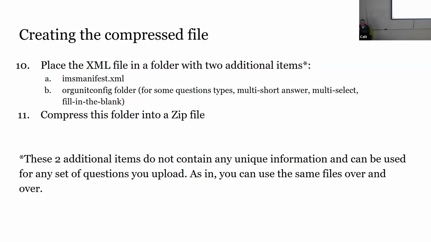I started to encounter the need for this second folder that has another XML file in it, but maybe it's just for the multiple short answer, fill in the blank. I'm still trying to work that out. It works fine with numeric. Probably it just ignores it if it doesn't need it. For the questions I've uploaded, I have never, knock on wood, had to worry about that folder.